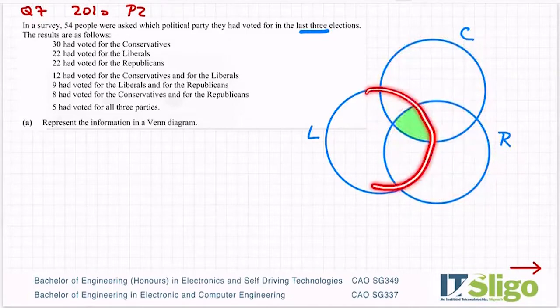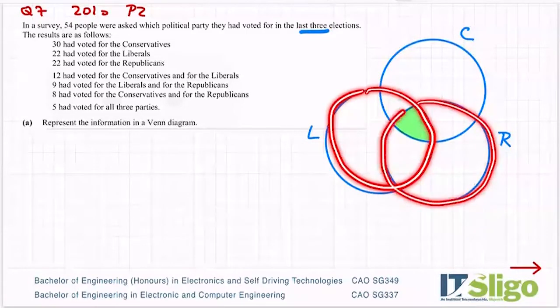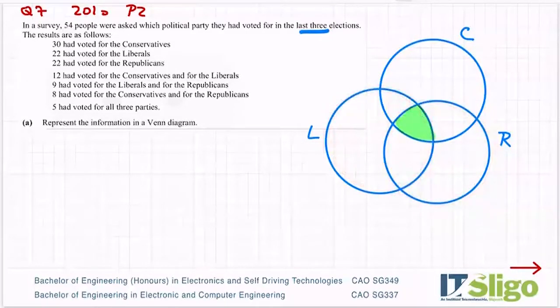And it's half of the intersection between Liberals and Republicans. So it doesn't matter what sections of the Venn diagram you're looking at, this center core, this bud in the center, is part of it all. And so for that reason, you have to start there and work your way out. Okay, because you'll see as I start to do it, and I'll explain more.